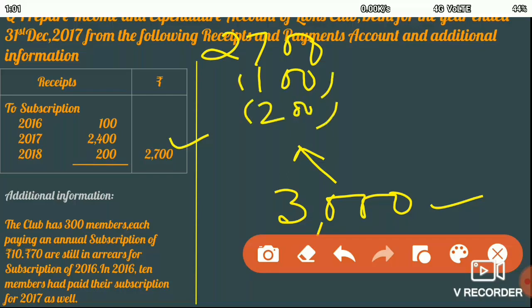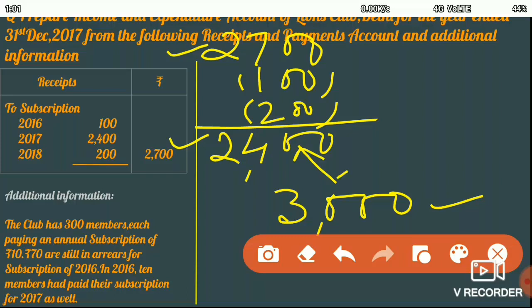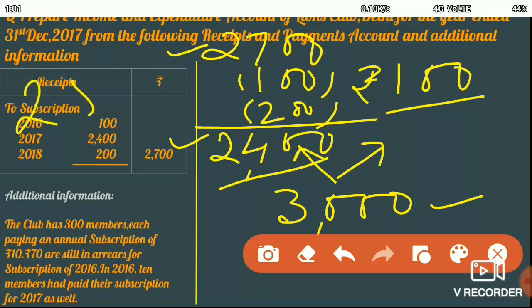This is the advance of the next year, which is included in this 2,700. So we get 2,400, which is the actual subscription of the current year. This is the cash which is received as subscription for the current year. Then we also have the information that 100 rupees is already received in advance. So the total cash that is received is 2,500.